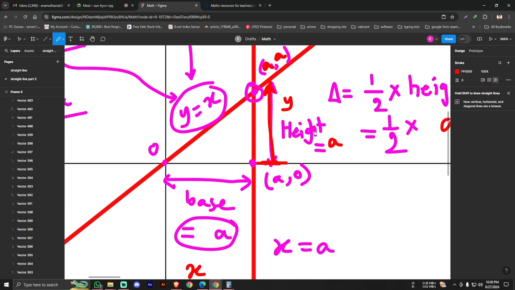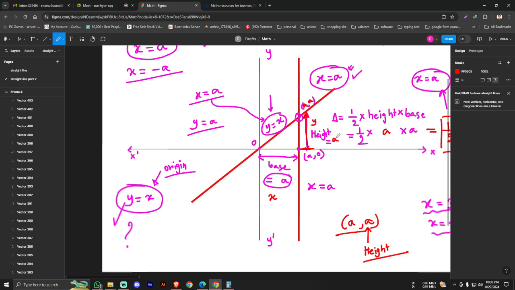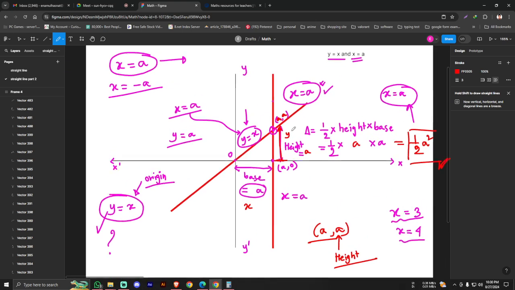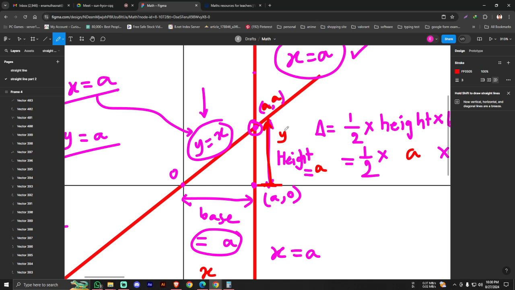So you can easily say that the y coordinate is the answer. Basically, if we know the y coordinate of the intersecting point, we can get the height. Write it down: if you know the y coordinate of the intersecting point here, you can get the height.